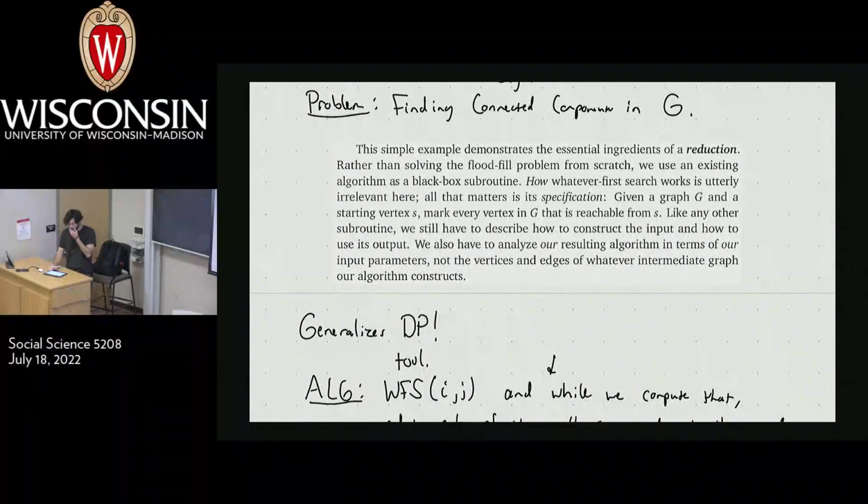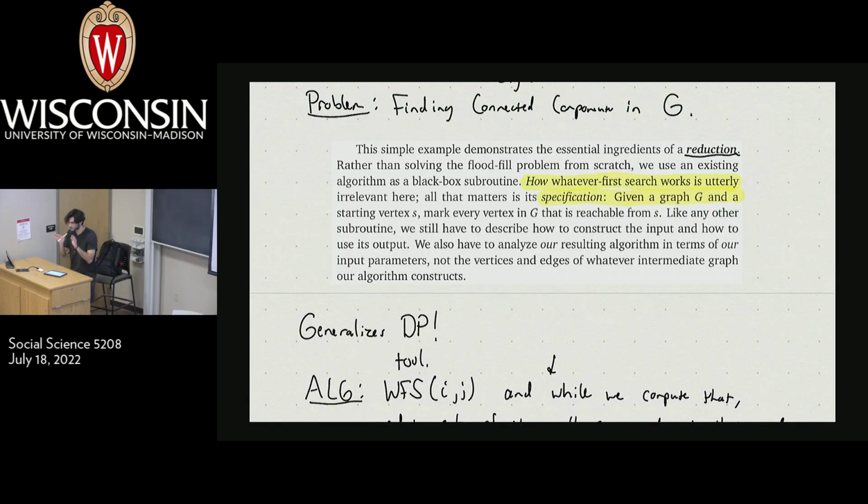So in particular, this is our first example of a real reduction besides recursion. And how reductions work is we don't care about how the tool we're using, or the black box, works. We only care about its specification. We know whatever-first search takes a node and searches things. That's all we care about to make our algorithm work.